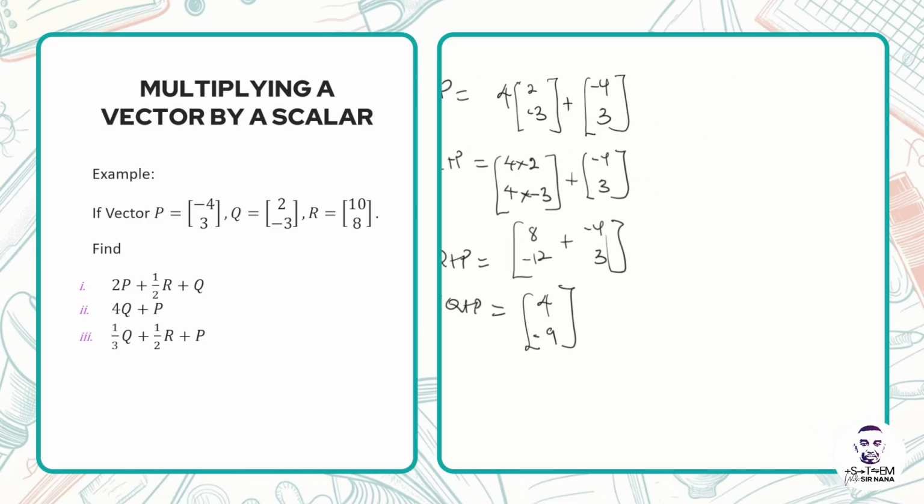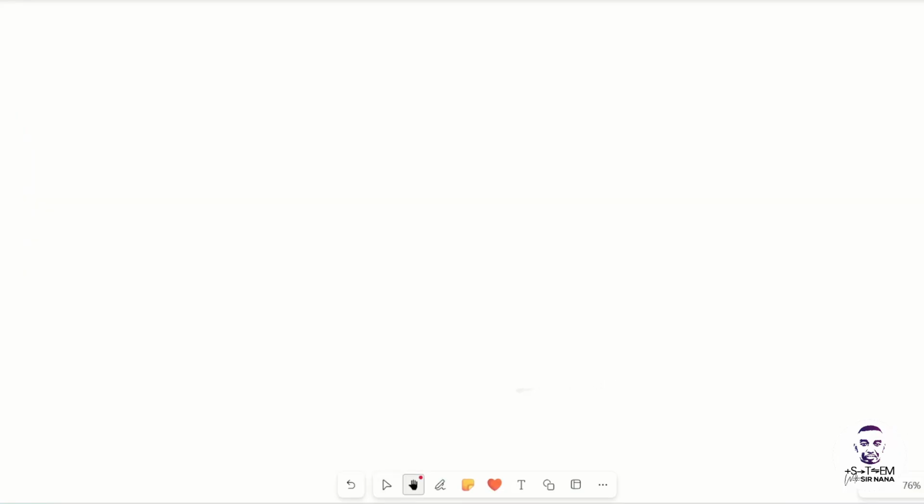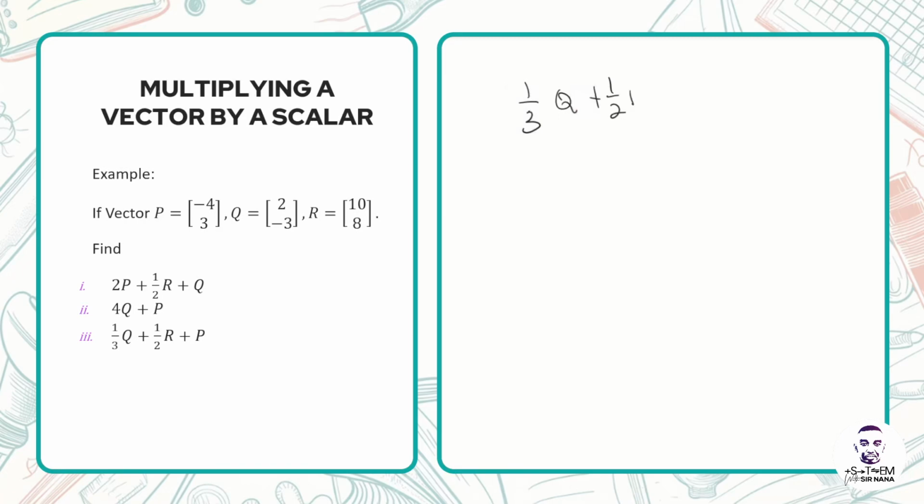Now let's perform our last one, where we are asked to find 1 over 3 q plus half r plus p. So that is I. In this case, 1 over 3 q will be 1 over 3 of our q, which is (2, -3).